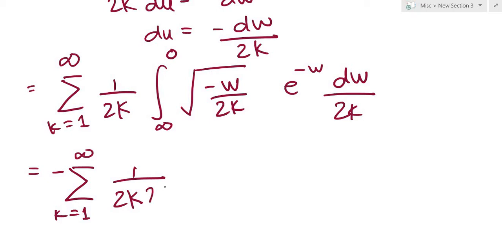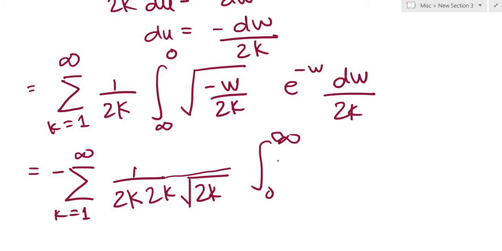Times 2k again, and then we can pull this square root of 2k outside, and inside we have the integral from 0 to infinity. As I said, we flipped the limits by introducing this negative outside. This is a square root of negative w e raised to minus w dw.